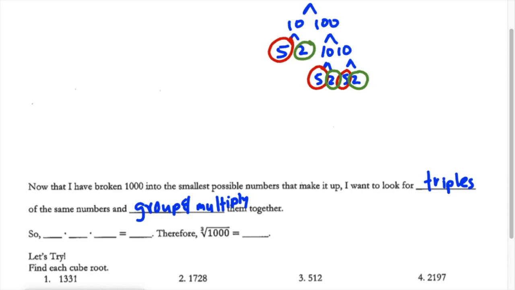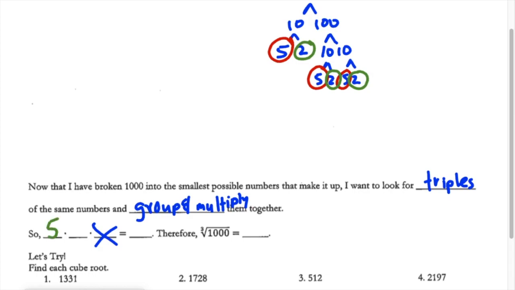And I actually made a boo-boo when I wrote this. This should actually only be 2 because there's only 2 triples here. Okay, and I'm going to take one number from each triple and multiply them together to get the cube root here. So I have my triple of 5. Okay, so 5 goes there.